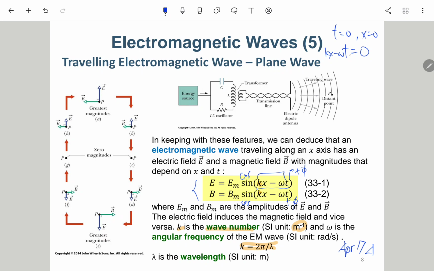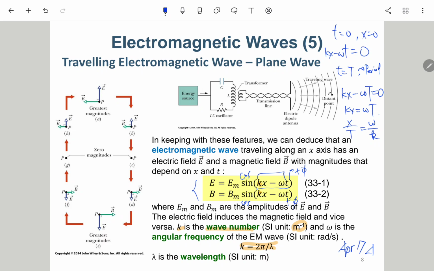And here let's consider t to be capital T, which is the period of the oscillation. Then we will have kx minus omega t, and we also hope this phi to be 0. Then we can slightly rearrange: kx equals omega capital T, and then x over T will be omega over k.